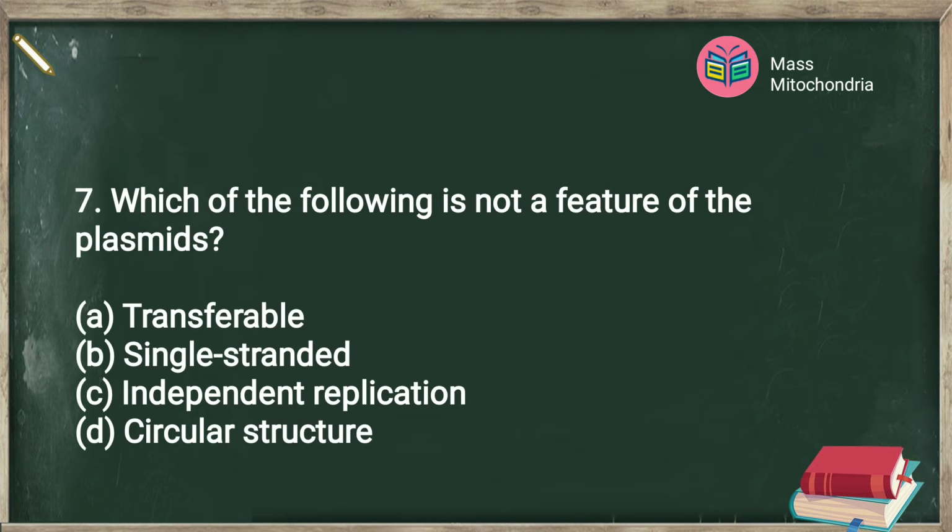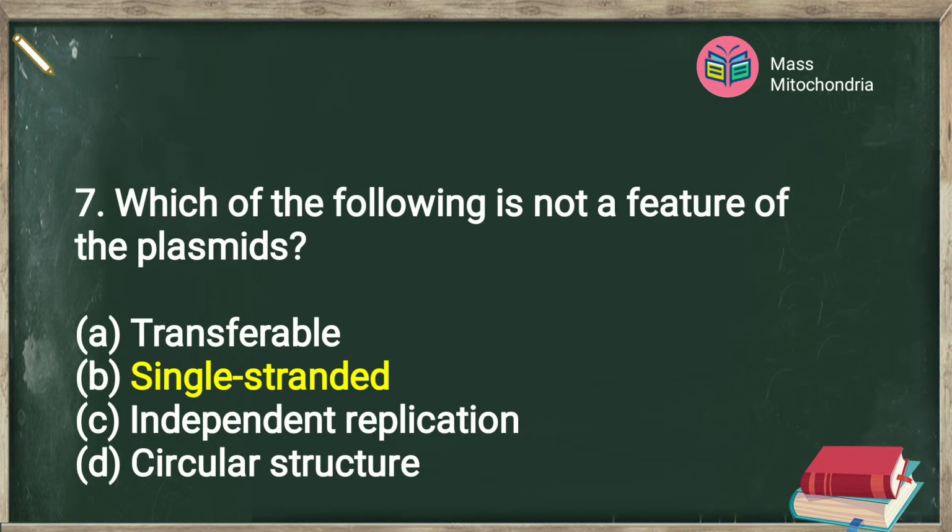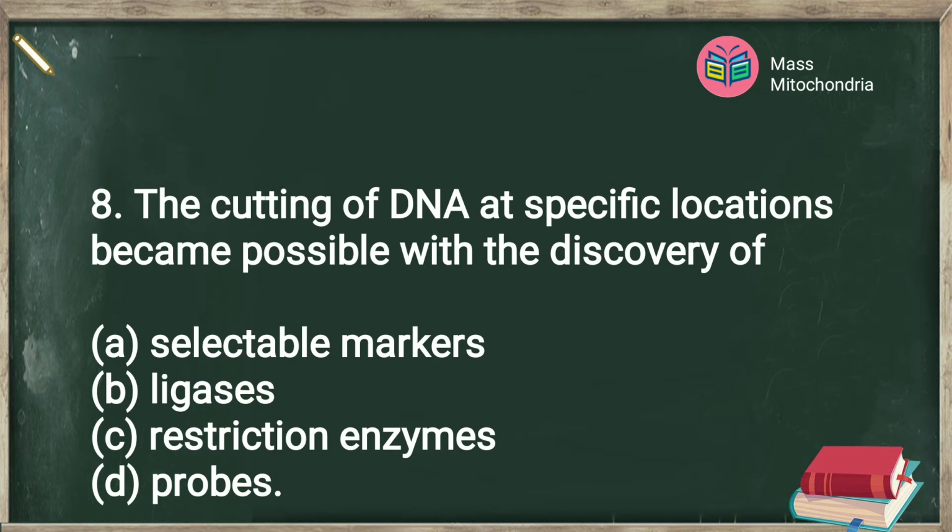Plasmids are extrachromosomal, self-replicating, usually circular double-stranded DNA molecules that serve as a vector, which carry foreign DNA segments and replicate inside the host. So that which is not a feature of plasmid is option B, single stranded.